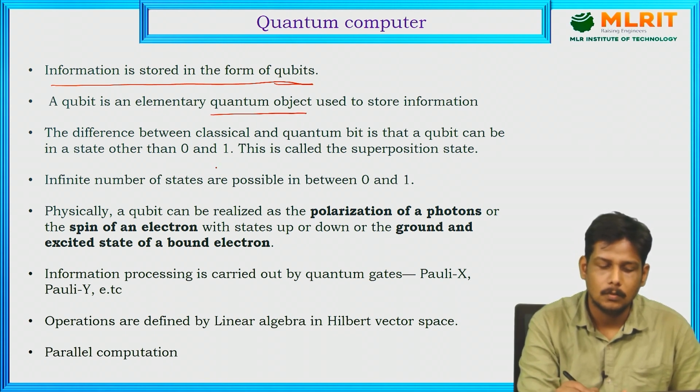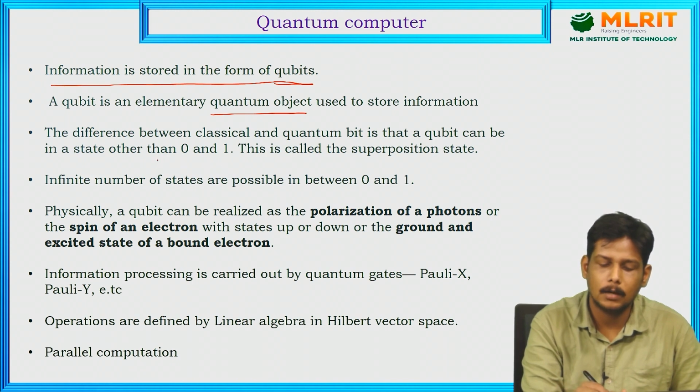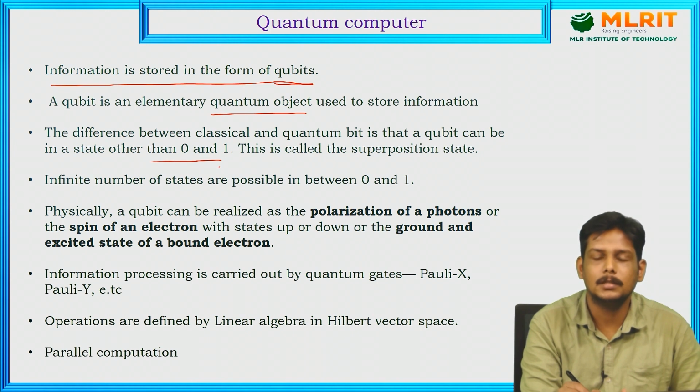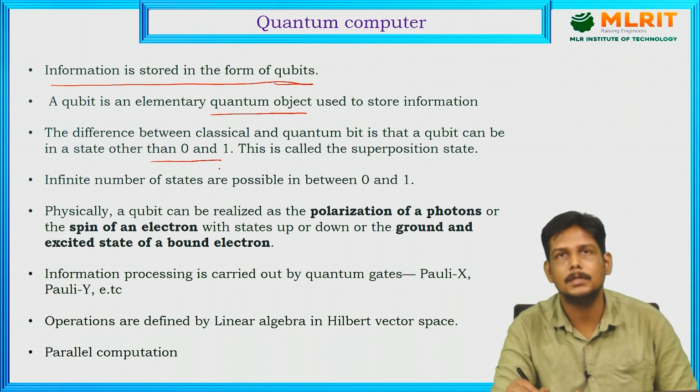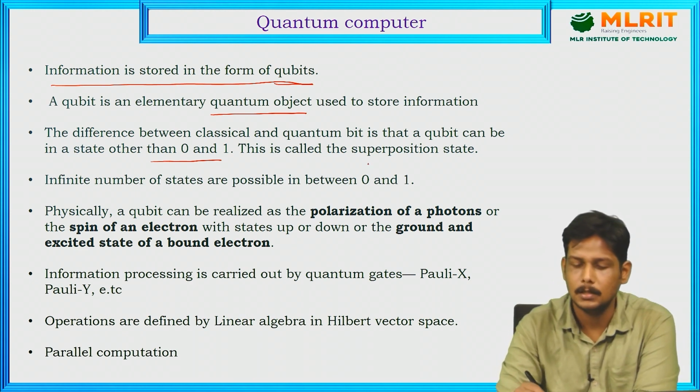Now, what is the difference between a classical bit and a qubit? For a classical bit, we can only have the states 0 and 1. But for a qubit, other than 0 and 1, or in between 0 and 1, an infinite number of states are possible. We call these infinite states superposition states.